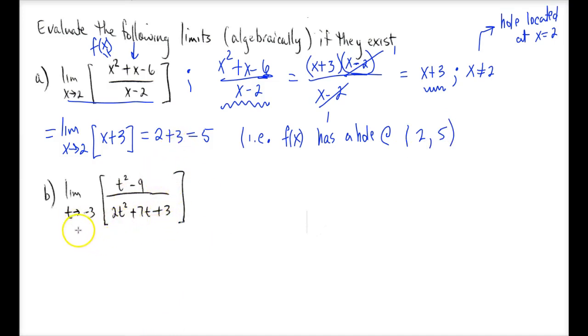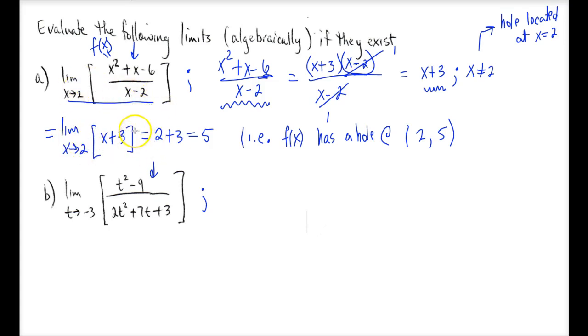All right, so let's look at the next example here. Just like how we did example A, what we need to do is rewrite this function, and mainly what we'll do is factor the numerator and denominator. So if you notice, I'm taking the function that's inside the limit and simplifying it first, and then after that, I start writing my limit notation.